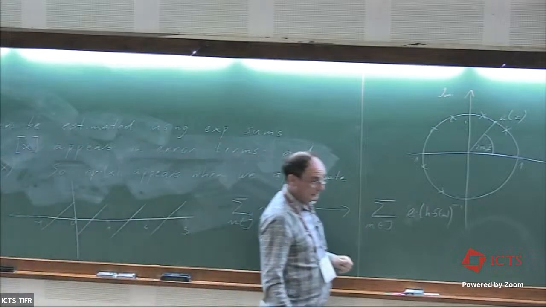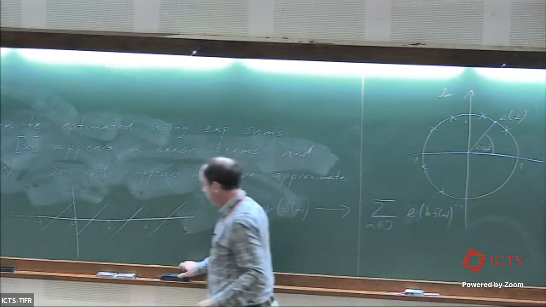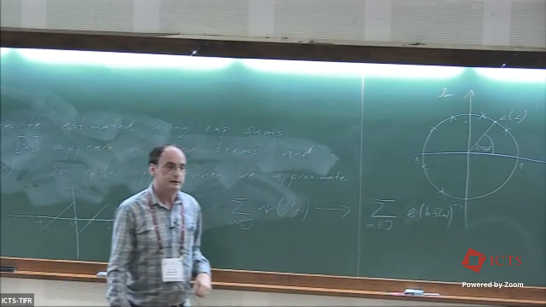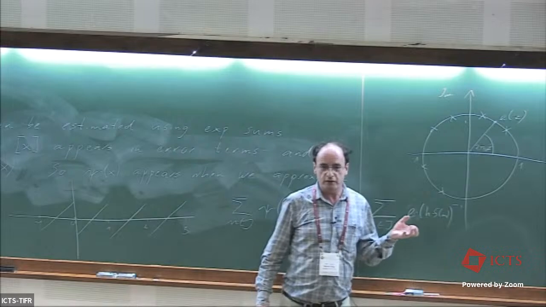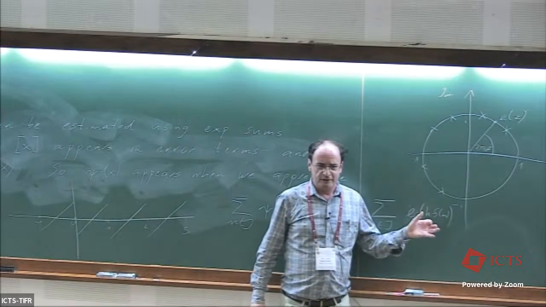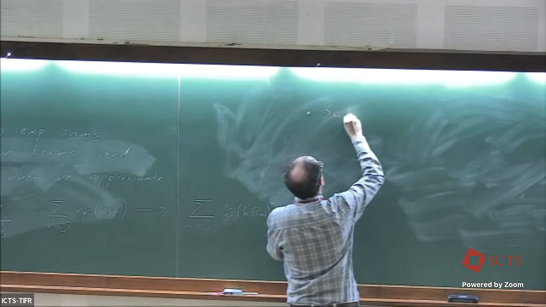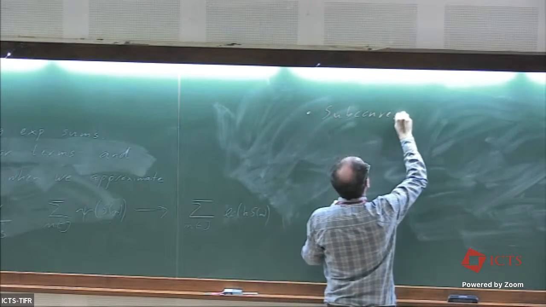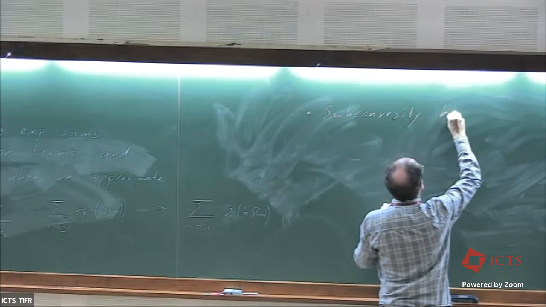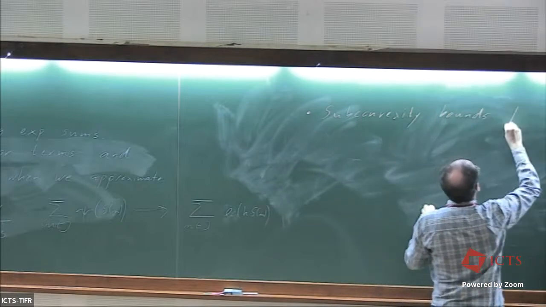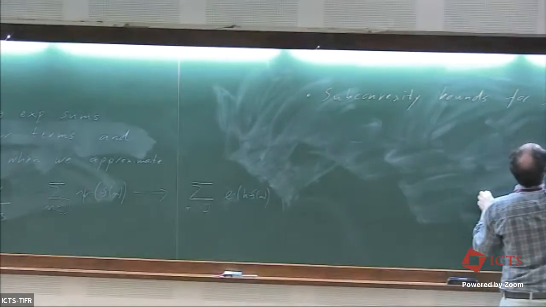Also, exponential sums appear directly when we look at the zeta function, when we, for example, try to prove subconvexity bounds for the zeta function at s.